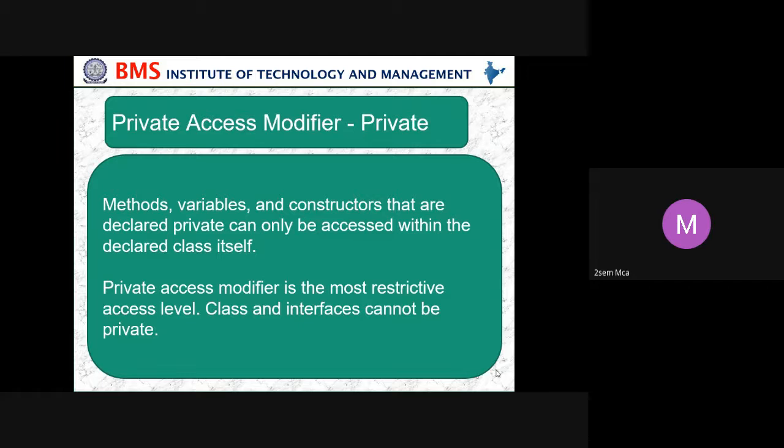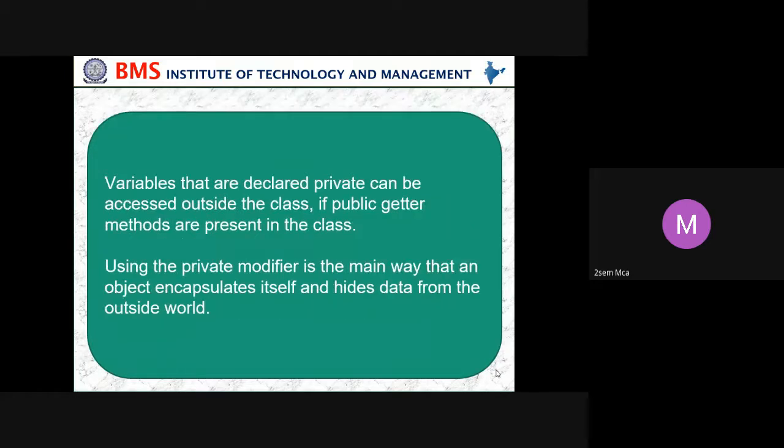So we cannot give a class and interface as private. Variables that are declared private can be accessed outside the class if public getter methods are present in the class.